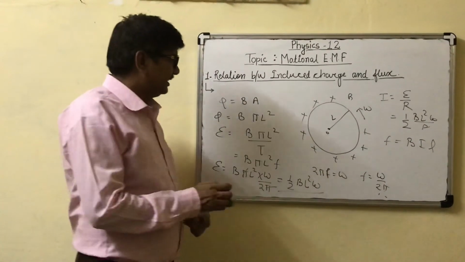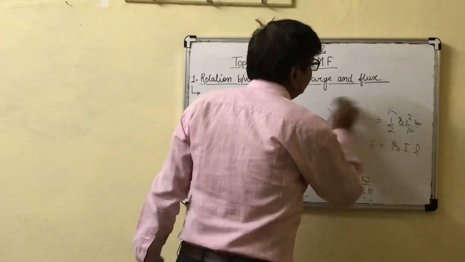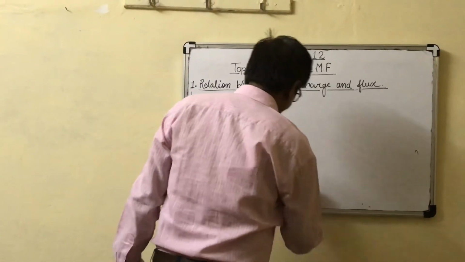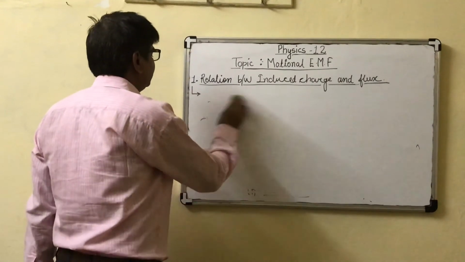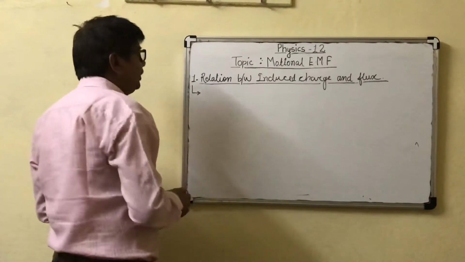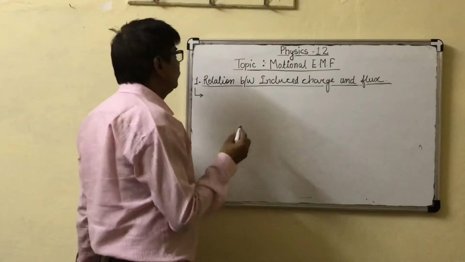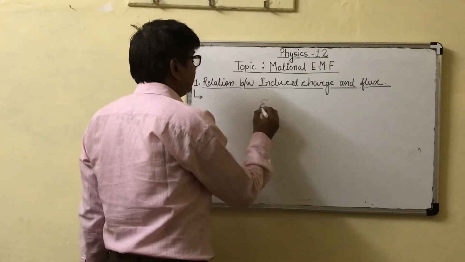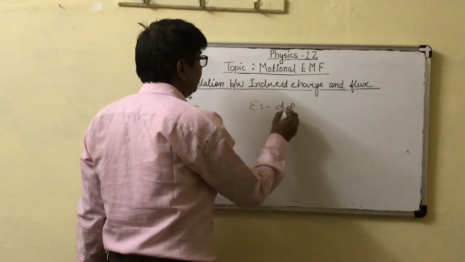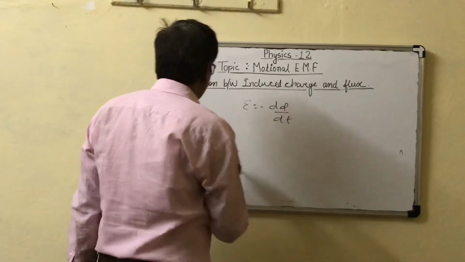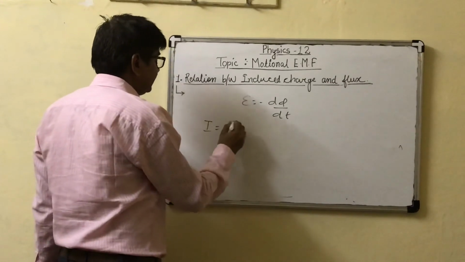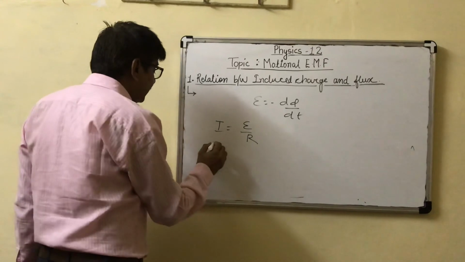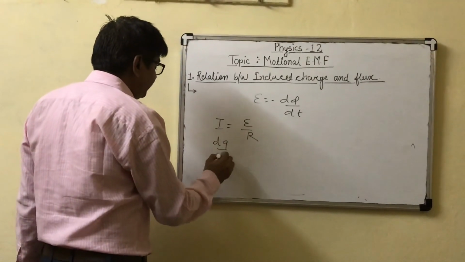Now one more topic is change in flux and induced charge. There is some relation. We know that according to Faraday law, E is equal to minus d phi by dt. But I is equal to E by R. What is the value of I? dq by dt.